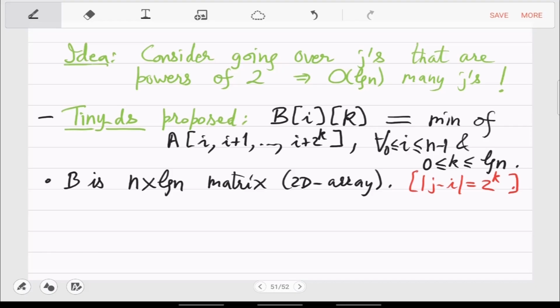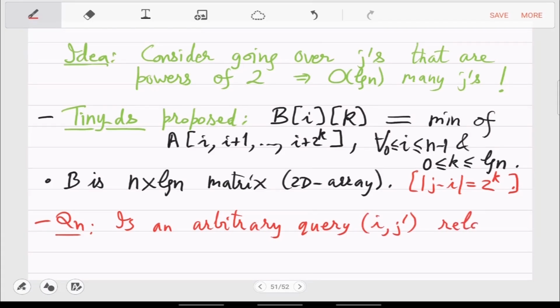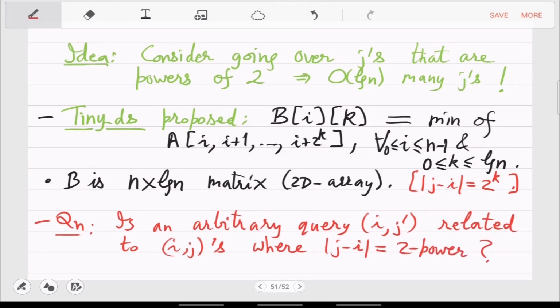I think we'll not finish this today. So you should think about the question: once I have given you the design of the data structure, what about an arbitrary query i comma j prime related to i comma j's, where j minus i is a power of 2?